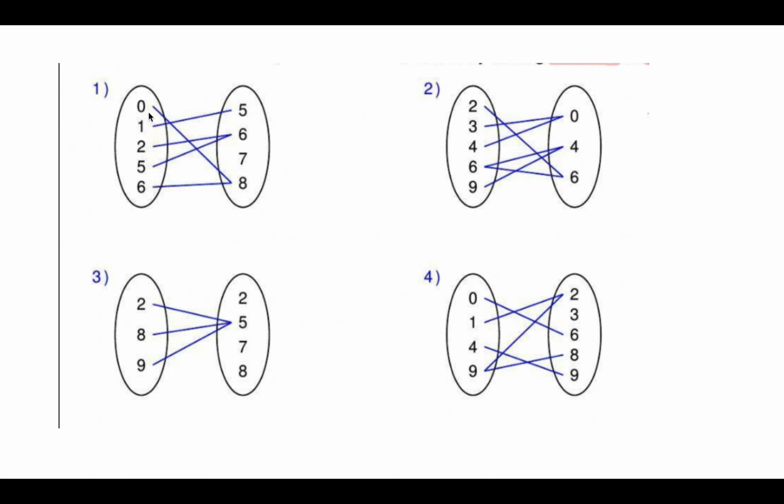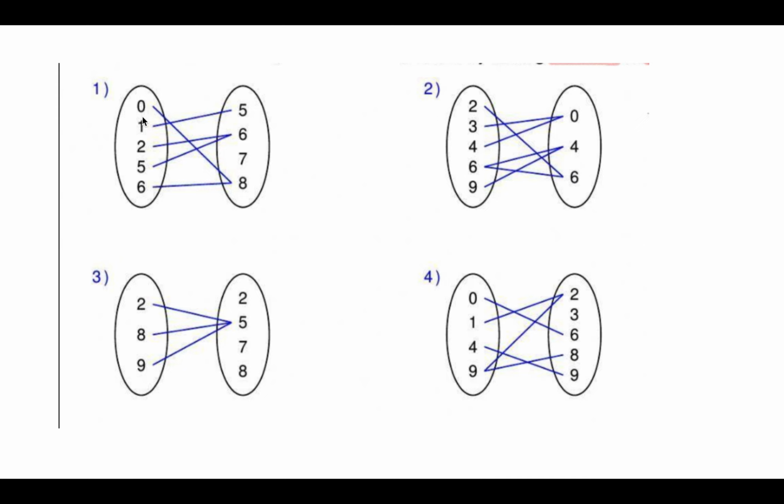We'll see the first one. We'll check every element has an image as the first condition for a function. Every element, 0 has an image, 1 has an image, 2 has an image, 5 has an image, 6 has an image. We'll also check whether any of the elements has more than one image in the next set.